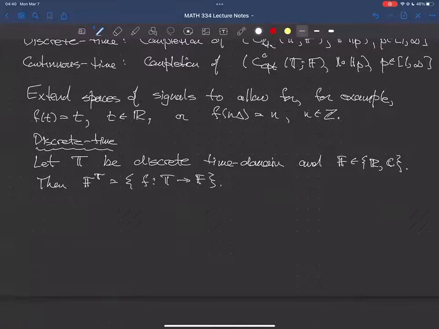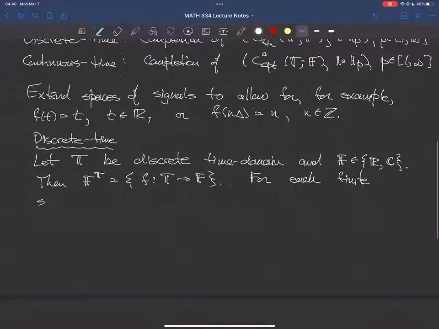So for each finite sub time domain S, the point is that S itself is a time domain.